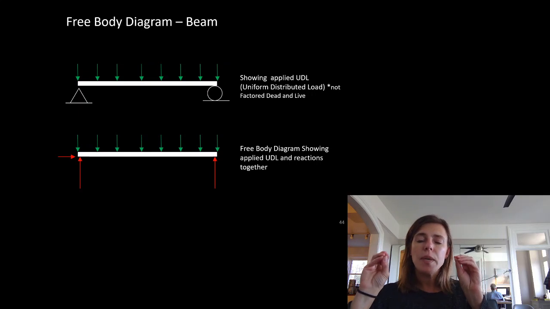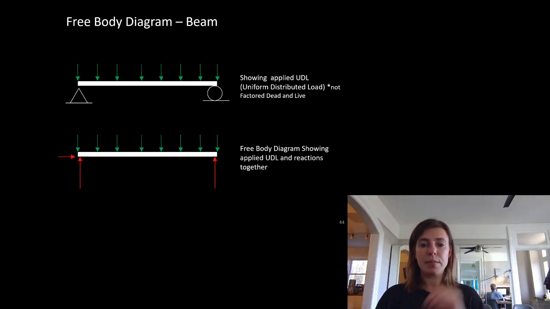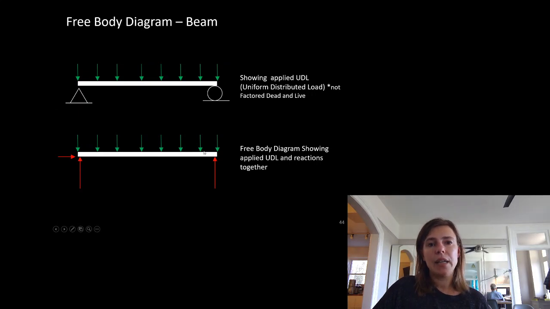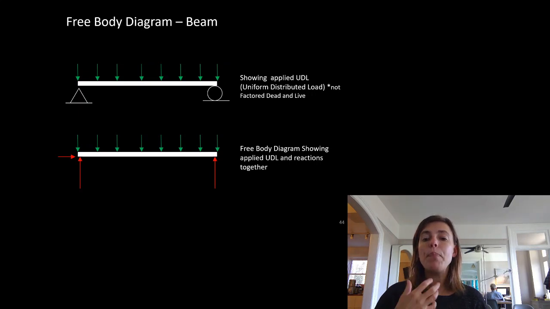That's because you intuitively understand force couple systems, and that is exactly what we do here. If there was an applied moment to this system, these two reactions could be used to take that moment out or be the reaction for the moment. We'd have to go through the math.